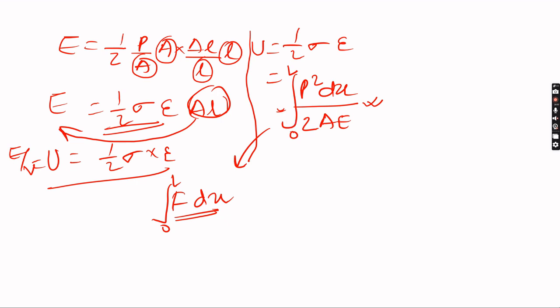A smart student who is preparing for GATE and people who are taking it for granted, that is the difference. They know from where this formula is coming, they know how to derive all these things. And people who are taking it for granted will just remember this is the formula.